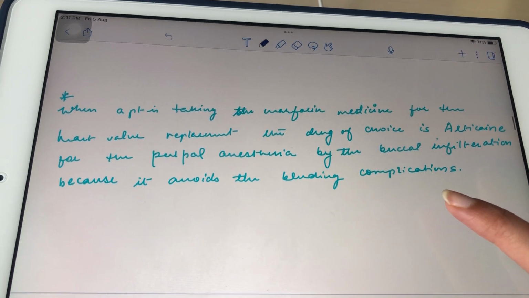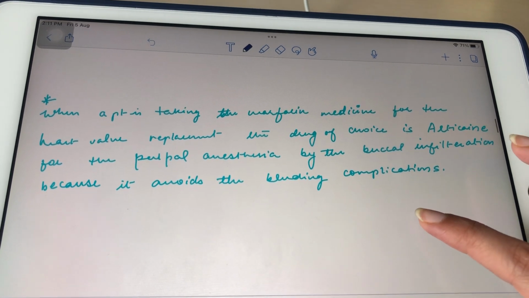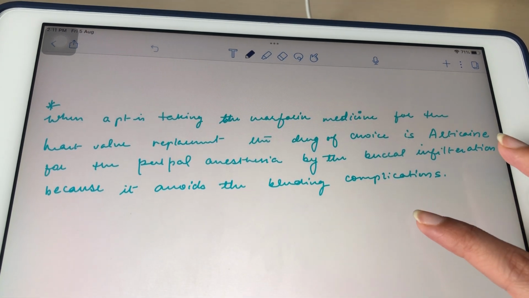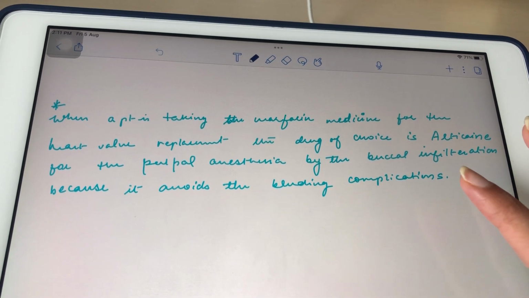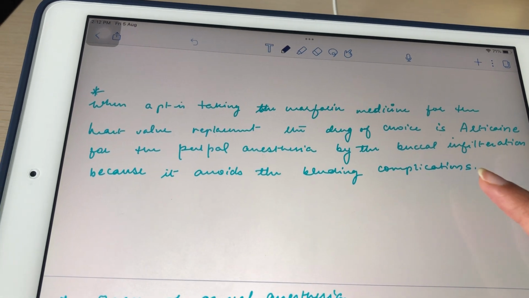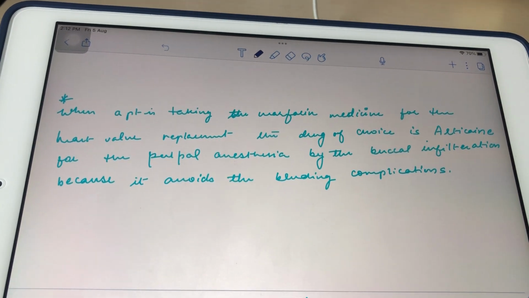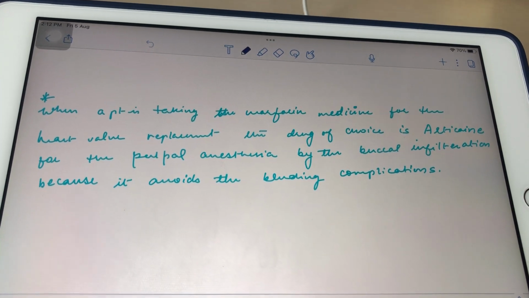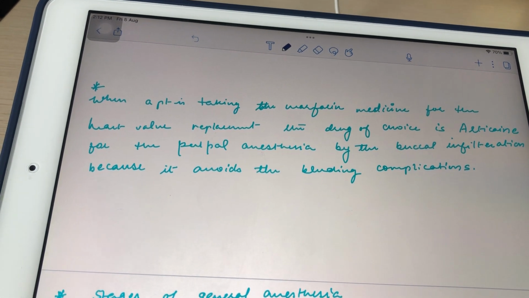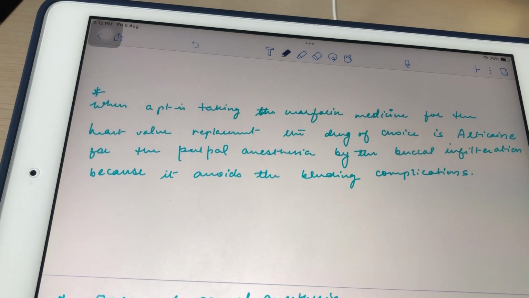For pulpal anesthesia by buccal infiltration. Why? Because firstly, buccal infiltration will not be giving a lot of local anesthesia to the system. It will be very localized and will have reduced chances of systemic toxicity, because it is mostly infiltrated, not injected in the spaces, in the intramuscular spaces.